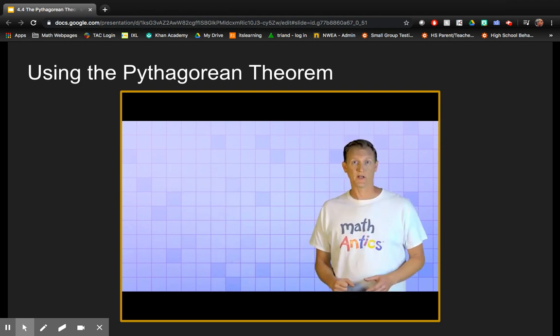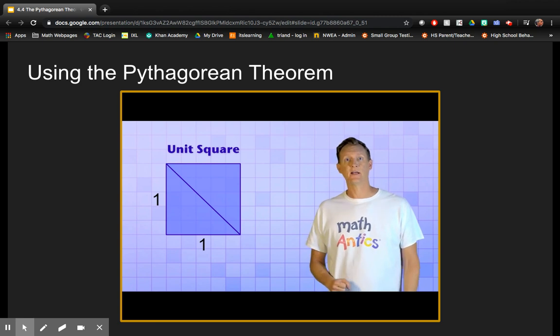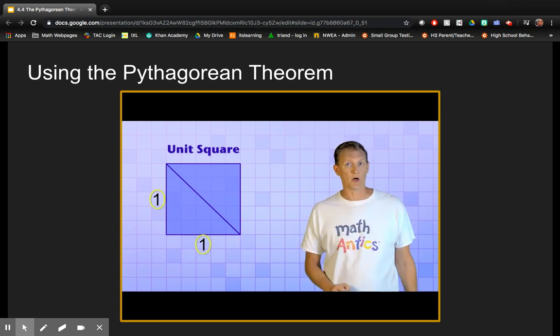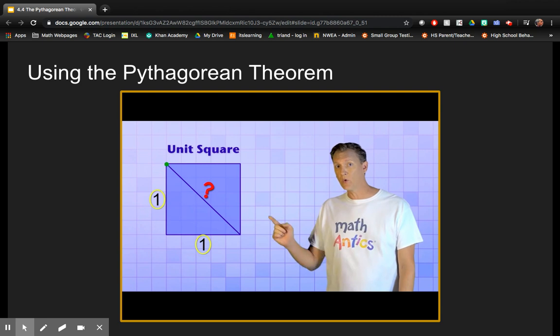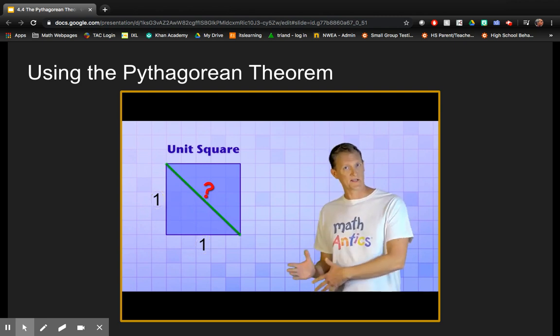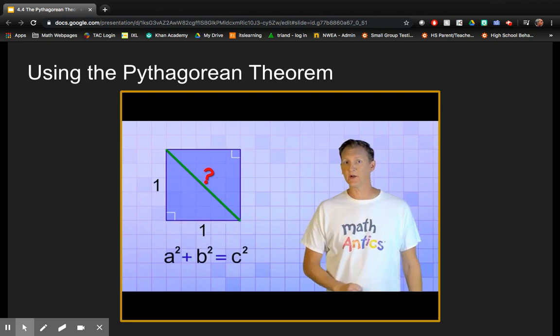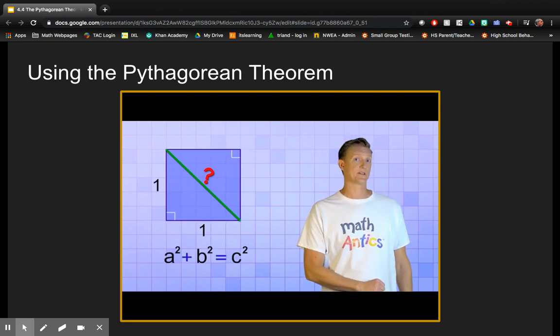Here's another interesting one. What if you have a unit square that's cut in half along a diagonal? Each side of the square is 1 unit long, but how far is it from one corner of the square to the other along the diagonal? Well, since the diagonal divides the square into 2 right triangles, we can use the Pythagorean theorem to tell us that unknown distance.